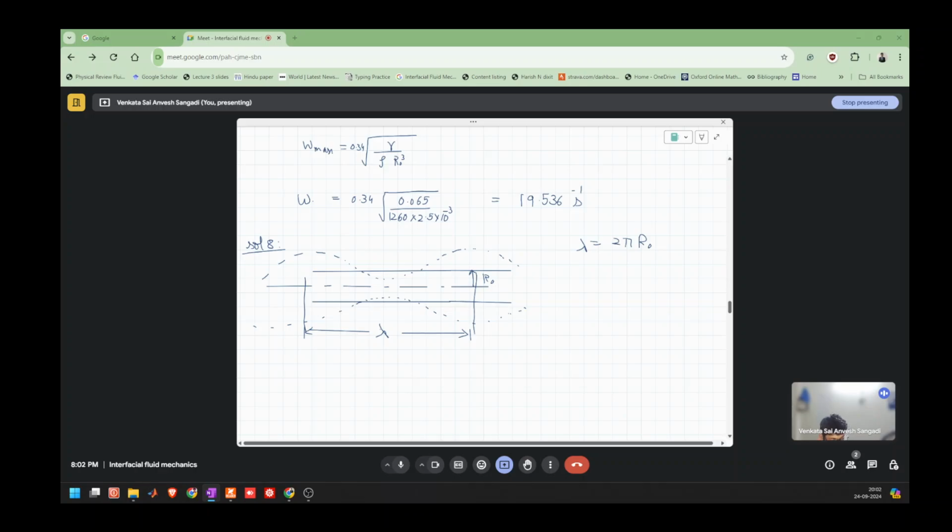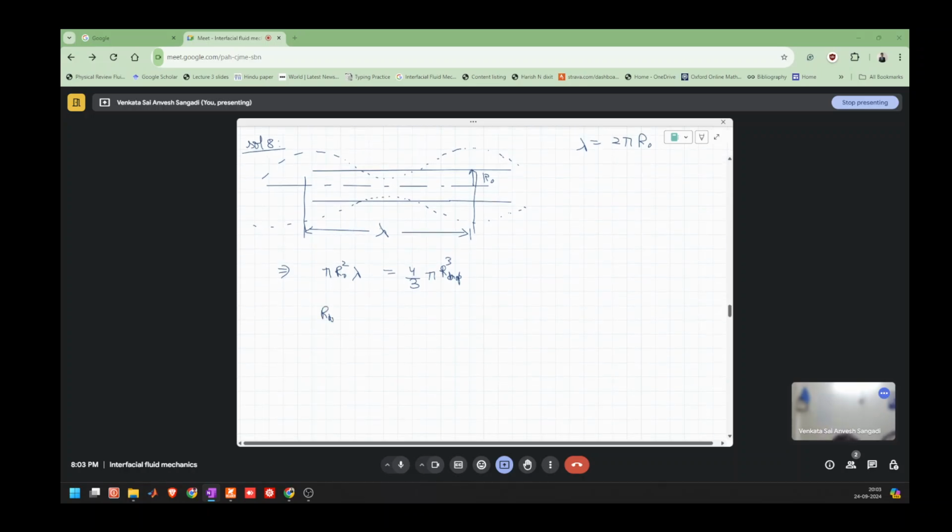And therefore one droplet takes up the volume of the filament that breaks up into the dominant mode. Therefore, pi r naught square lambda, which is the volume of the cylinder which breaks up into a single droplet, is equal to 4 by 3 pi r drop cube.